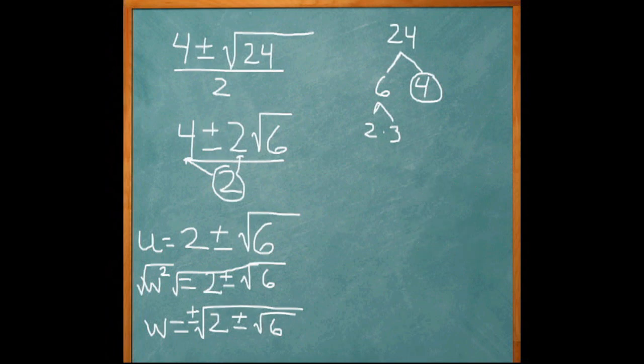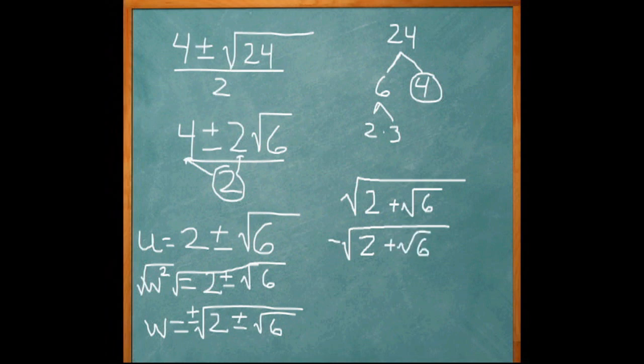All right, so here you really have 4 answers. You got the positive square root of 2 plus the square root of 6, the negative square root of 2 plus the square root of 6, the positive square root of 2 minus the square root of 6, and also the negative of the square root of 2 minus the square root of 6.